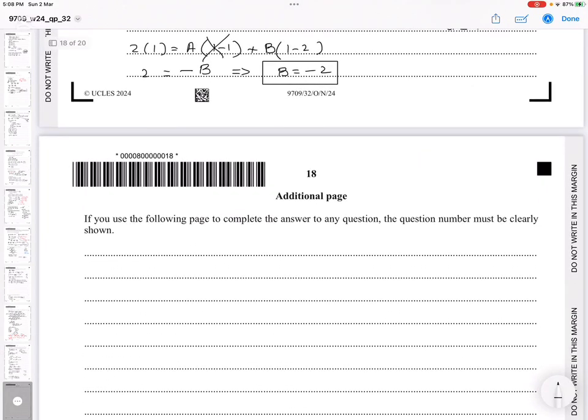I'm going to use the additional page. So my partial fractions would be 2u over u minus 2, u minus 1 is equal to 4 over u minus 2 minus 2 over u minus 1.